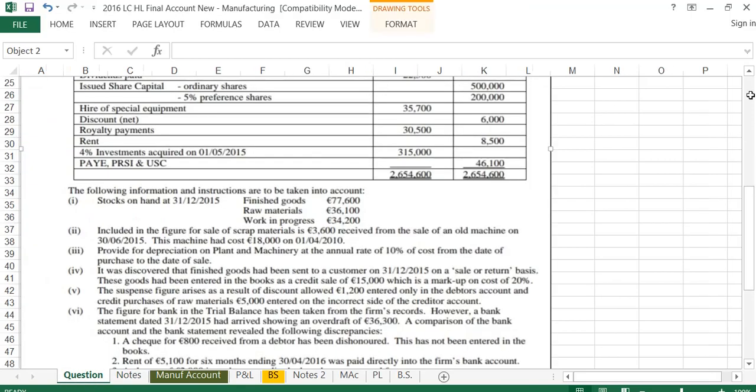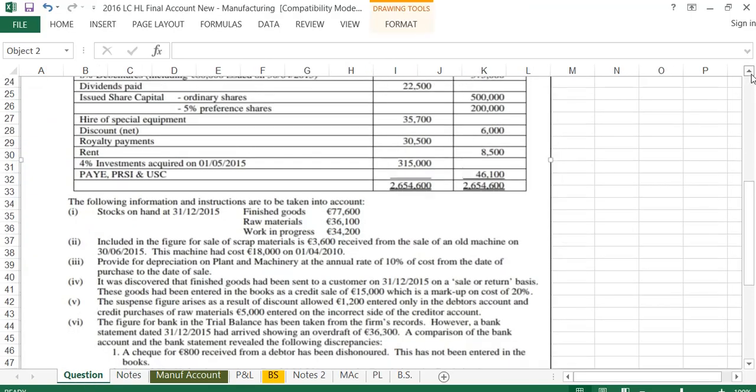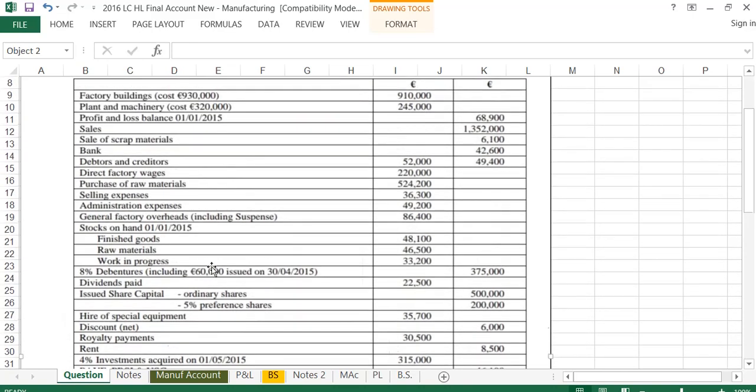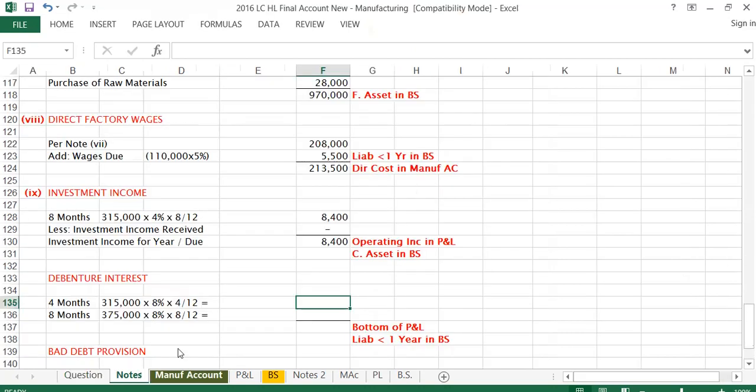Debentures, if we go back to the trial balance, we can see that the debentures are 8% debentures, and at the end of the year, they're 375,000, but that includes 60,000, which was issued at the end of April. So for the first 4 months, 375 minus 60 would have been 315,000, and then for the next 8 months, they were 375,000.